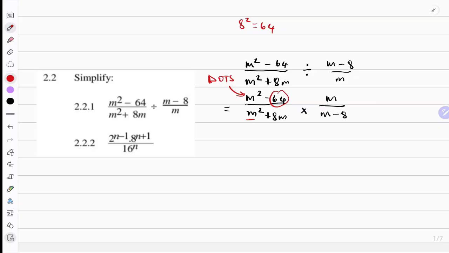Let's first deal with the numerator. m squared minus 64 is the same as (m plus 8)(m minus 8). I've just applied the difference of two squares. In the denominator, m squared can be written as m times m, and then you can see m is a common factor, so here I've used taking out the common factor.